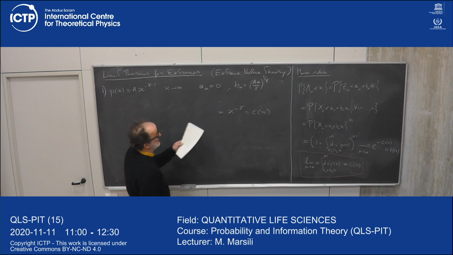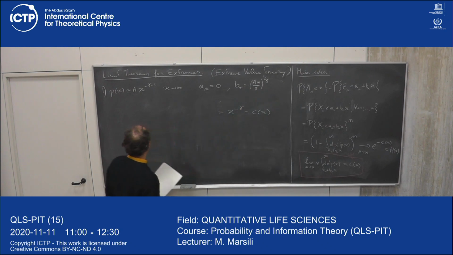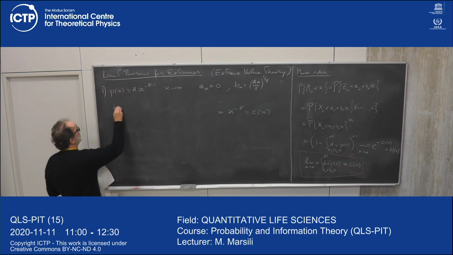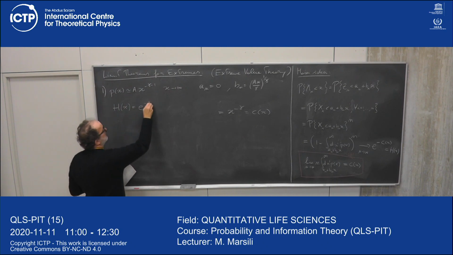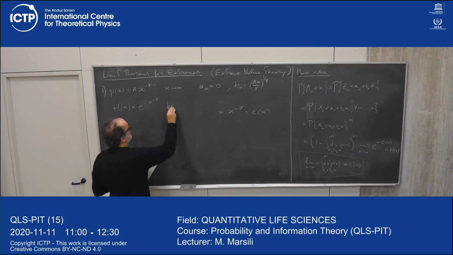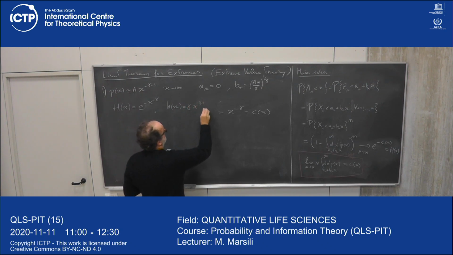So the size of the maximum will be given by n to the 1 over gamma, and the cumulative distribution is e to the minus x to the minus gamma, which means that the density, the PDF, which is the derivative of this, is gamma x to the minus gamma minus 1 e to the minus x to the minus gamma.